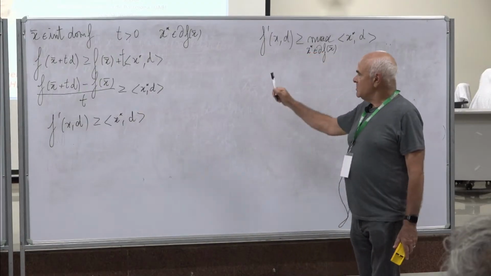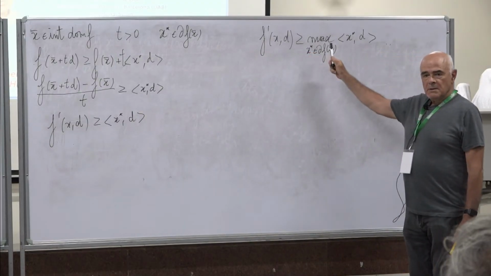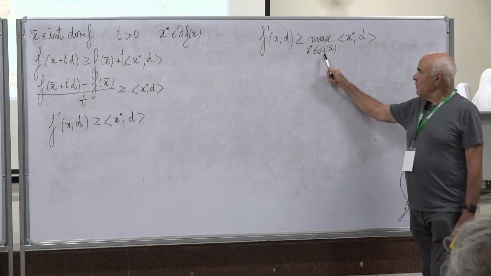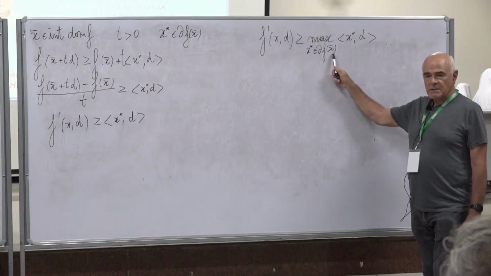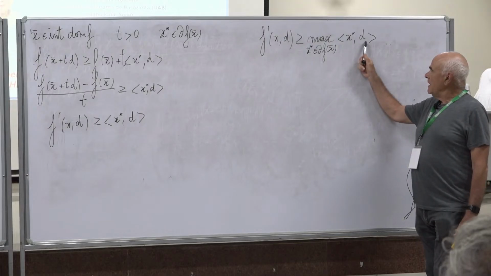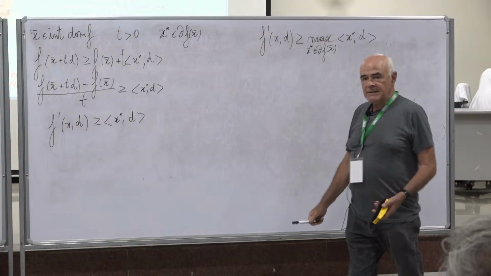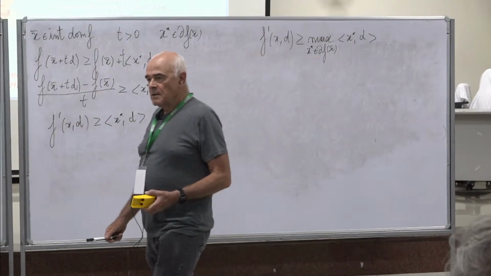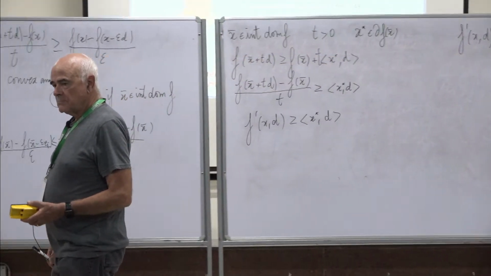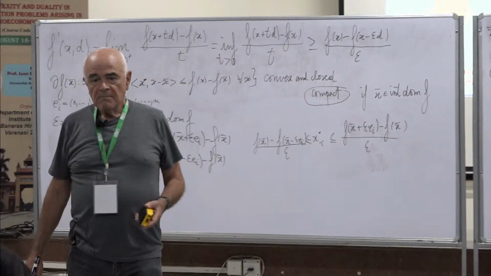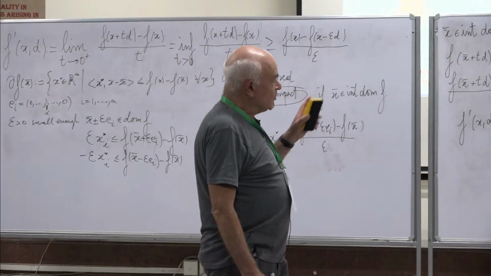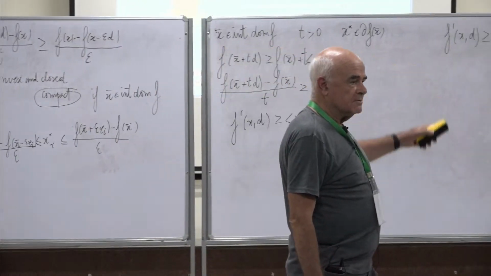I have the right to put maximum here because we already know that this is a compact set. So a linear function, this is linear as a function of x star, attains a maximum on this compact set. Okay? But I'm going to prove that the equality holds.